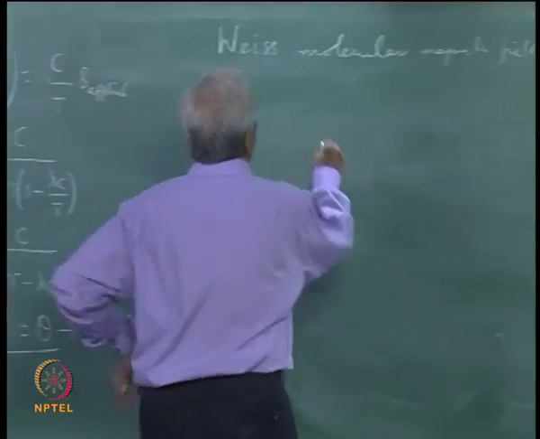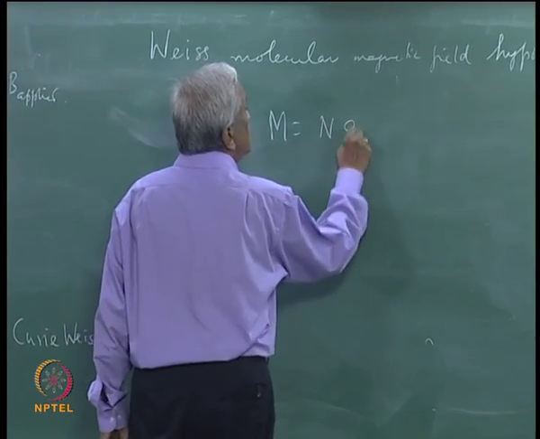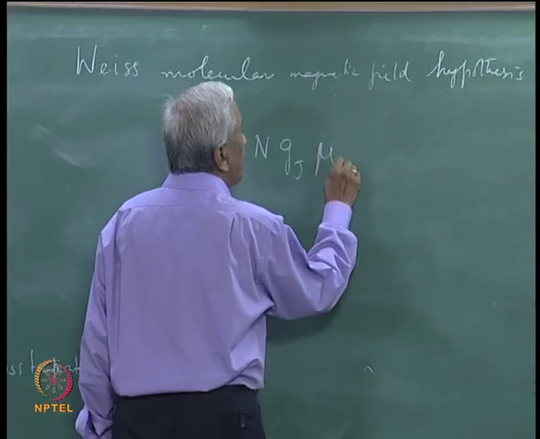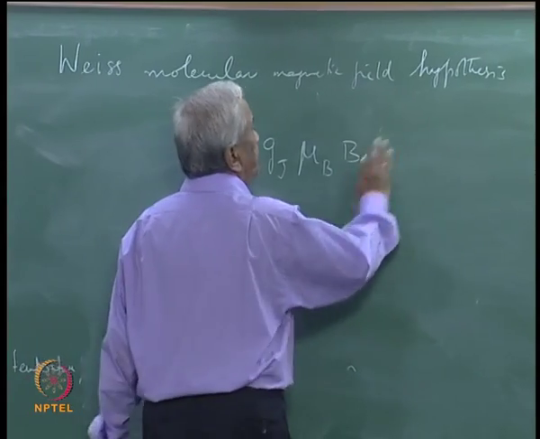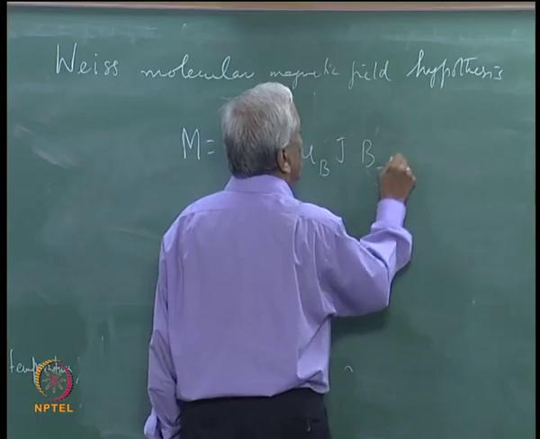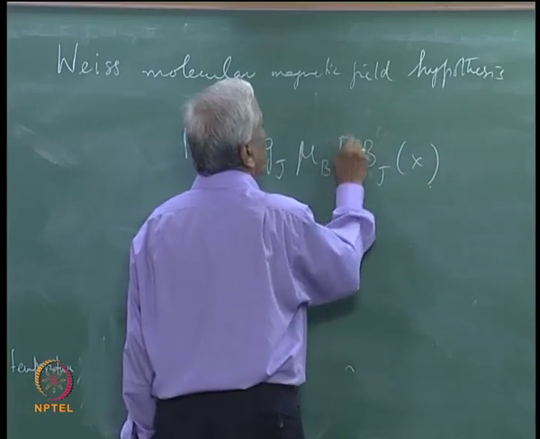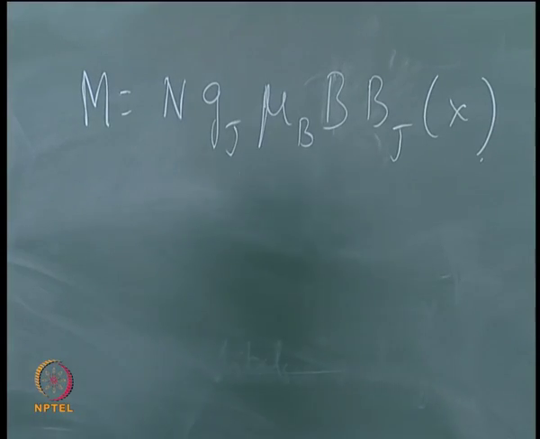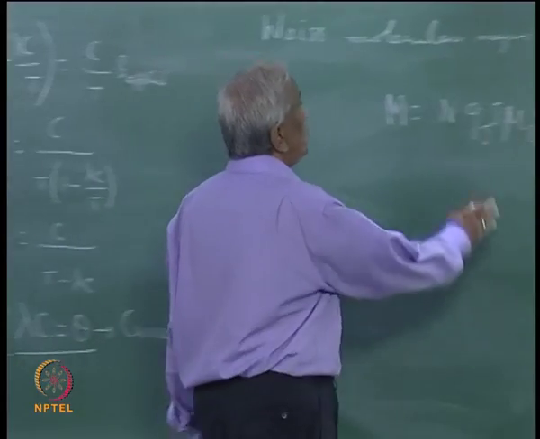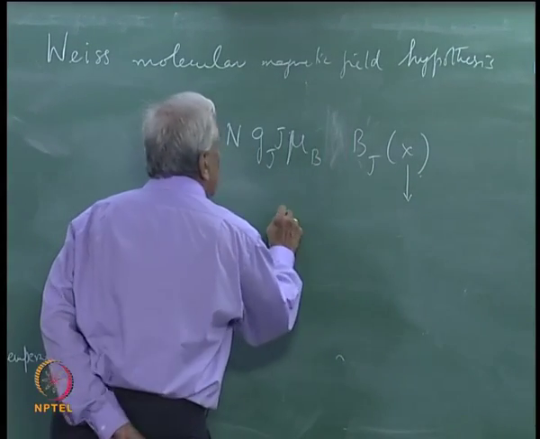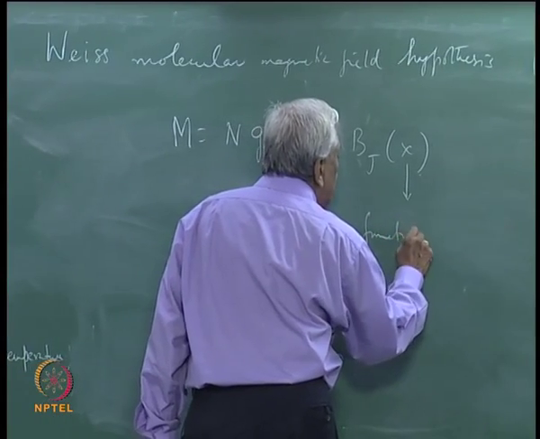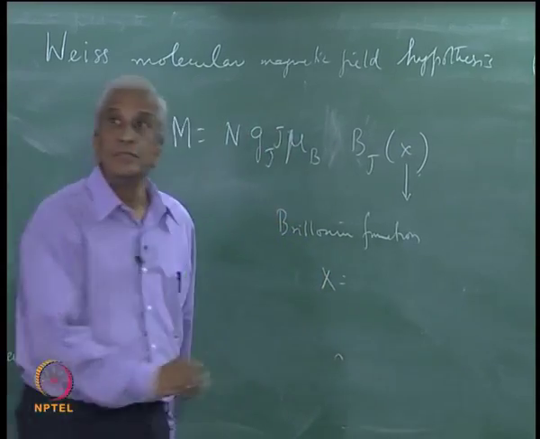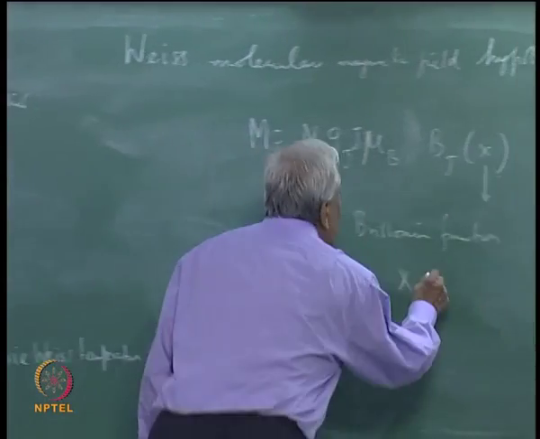According to the theory, M is N g J mu B into J into B J of x, where B J of x is the Brillouin function and x is g J mu B B by K B T.